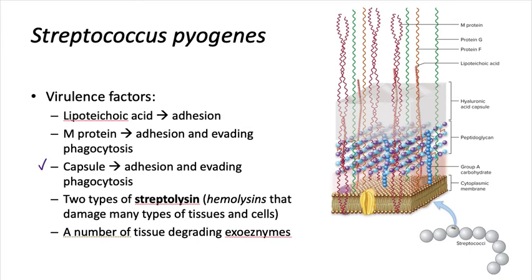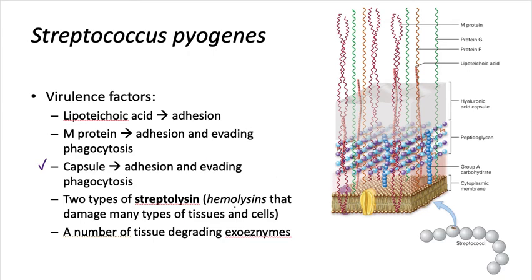Lipoteichoic acid is a normal part of the gram-positive cell wall, that thick cell wall made of peptidoglycan that you see here. Lipoteichoic acid is that molecule that holds it together and anchors it to the cell membrane underneath. And if the lipoteichoic acid extends even outside the capsule, then it can further contribute to adhesion to host tissues.